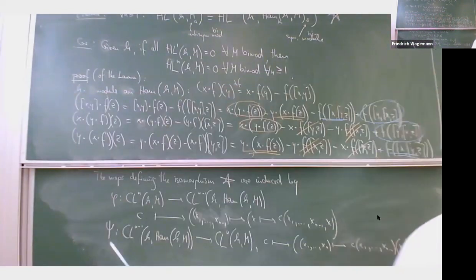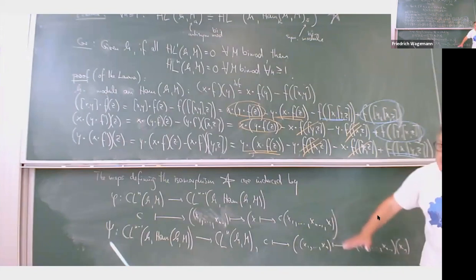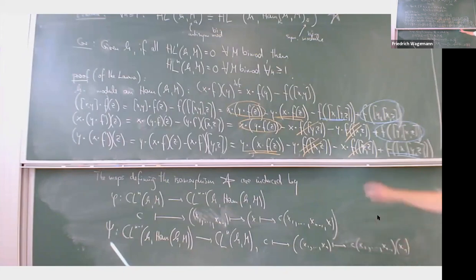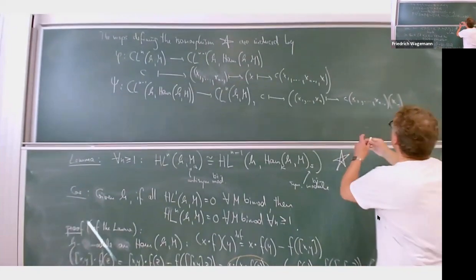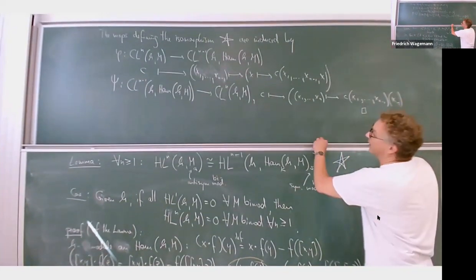What I'm not going to show you is that these two maps are compatible with the Leibniz coboundary operator, that these are chain maps, maps of chain complexes. This computation is also done in the lecture notes, and I invite you to read it. So this shows the claim.